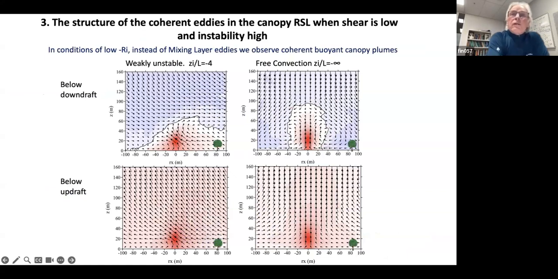Well, it turns out when we look at that more closely, in these regions of low shear, strong instability locally, what we see are canopy plumes, these coherent plumes of warm air, which, these are composites again, are pretty much the same scale, whether they're in a weakly unstable domain or a free convection domain, the same lateral and vertical dimensions, also whether they're below a downdraft in the large scale structures or below an updraft.